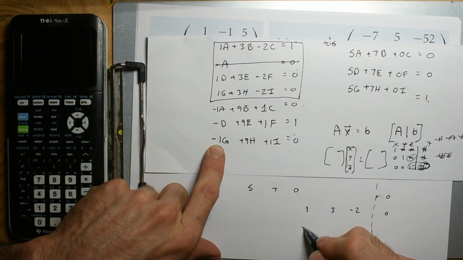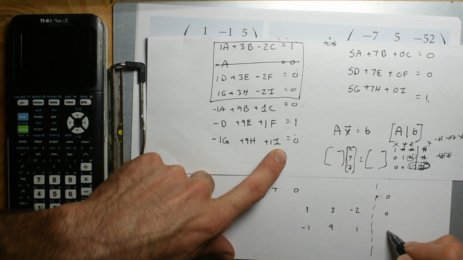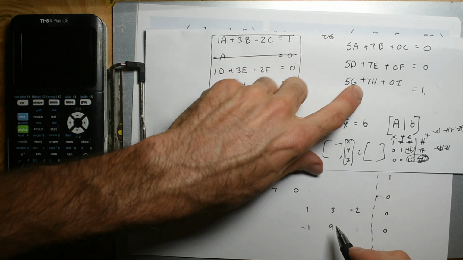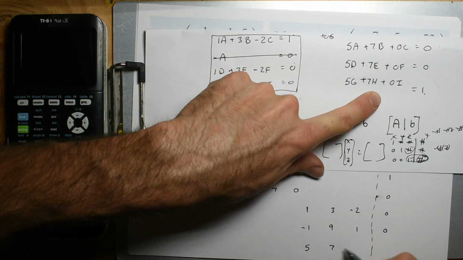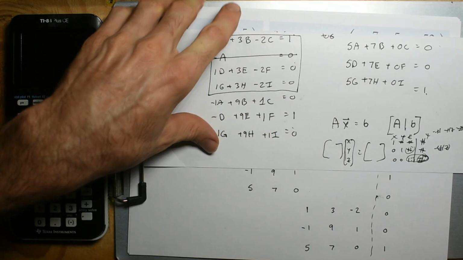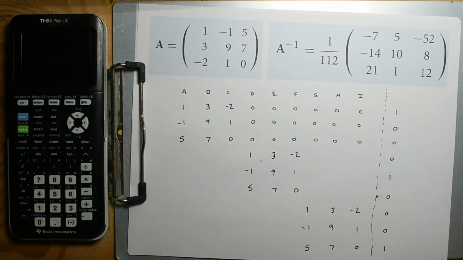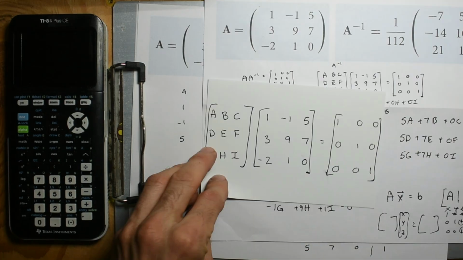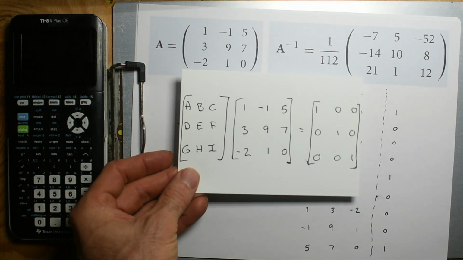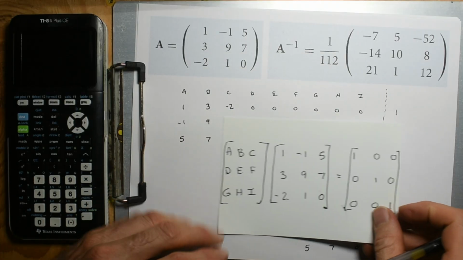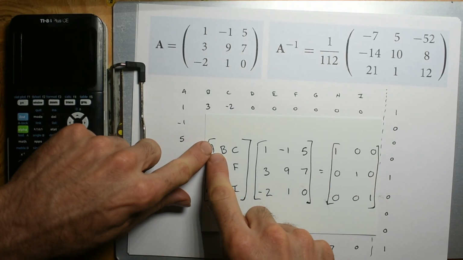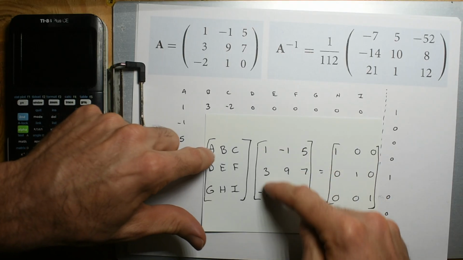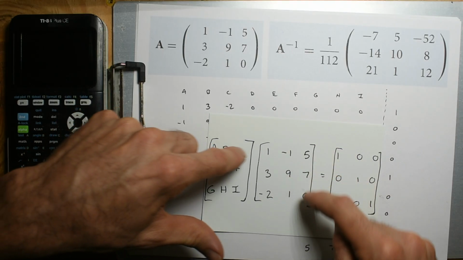We have negative 1, 9, 1, the GHI, and then we have a GHI term, 5, 7, 0, and that's equal to 1. I just recopied this, so we can have this as a reference. This row is going to be multiplied by this column, and this column.